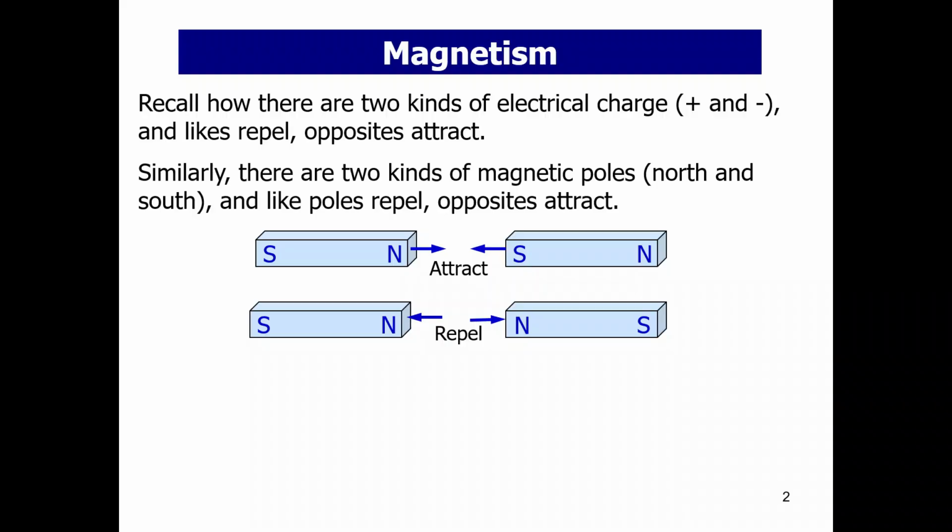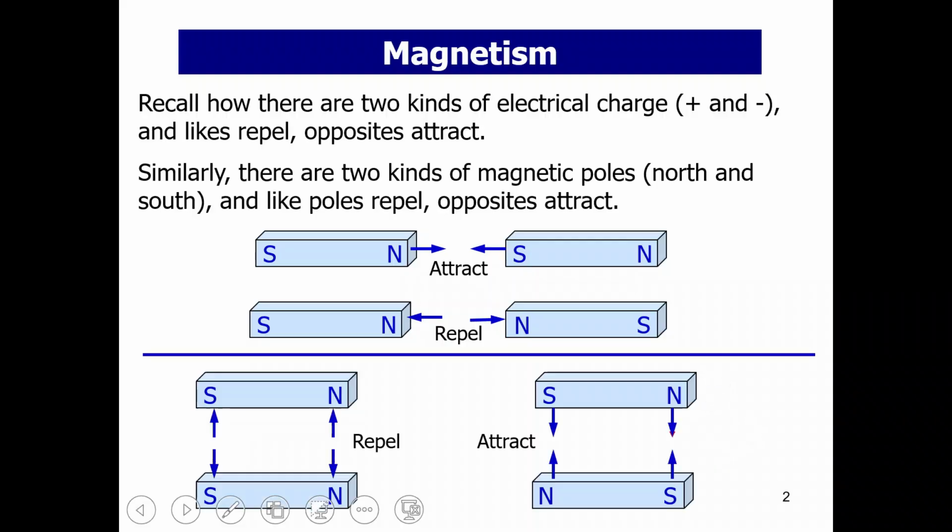And like poles are going to repel: north and north repel, south and south repel. If you've played around with magnets, they're pretty fun. If you were to look at them sideways and try to put the same poles of a pair of magnets together, they'd repel, and you would get an attraction if you were to flip one of them around, so that you get your opposites attracting.